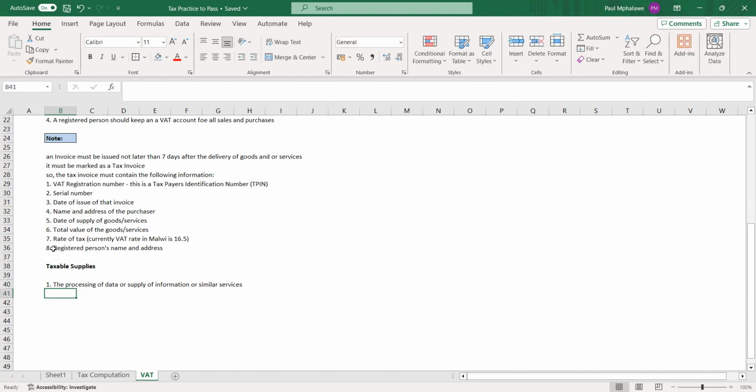If you are in a company that is processing data or is supplying information, that, my friends, is a taxable supply. Number two, supply of staff. Okay, if you're in a business of supplying staff, that one is a taxable supply.